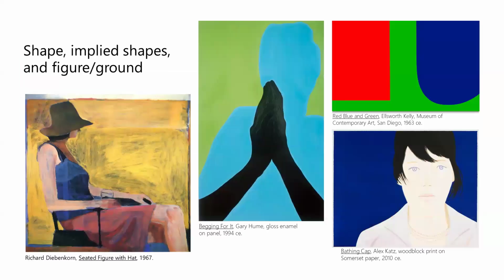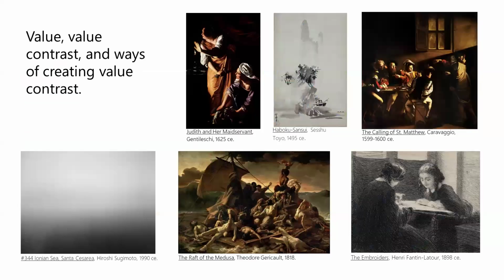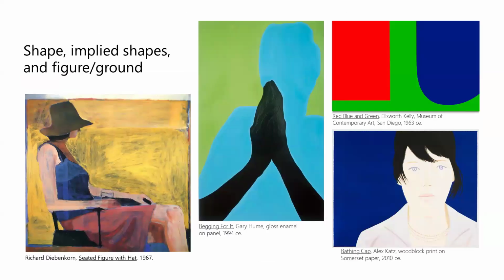Okay, next. Shape, implied figure ground, right? Implied shapes and figure ground. But one thing I'm not mentioning here, or on the next page, I probably should have, is how shapes are created, right?